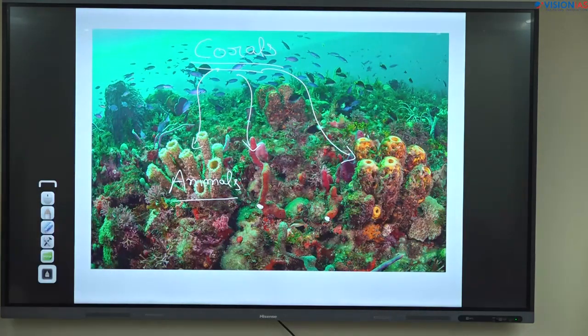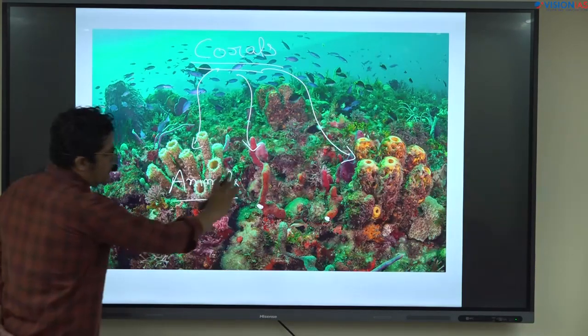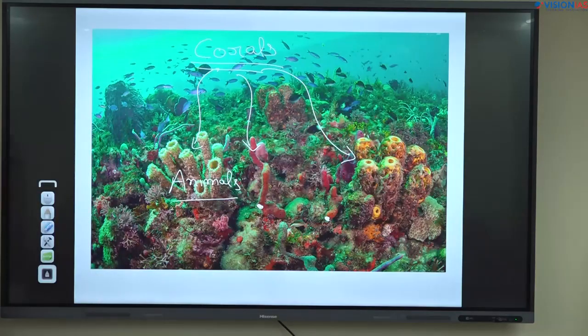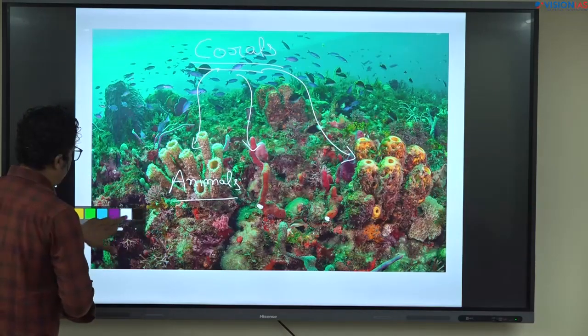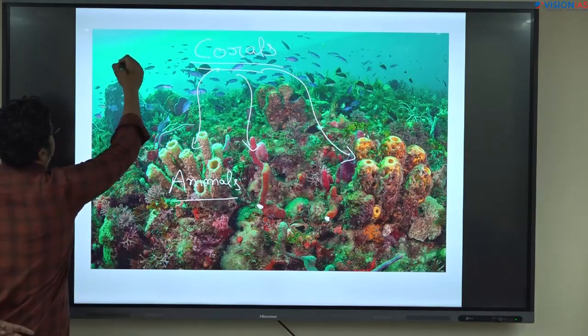See, plants are fixed, animals move. Now this is that animal which is fixed. So that is why it is a little bit unique. Otherwise animals, they move. So the different colorful species that you are looking at here are corals. One thing you can take from this image is that there are other species present.